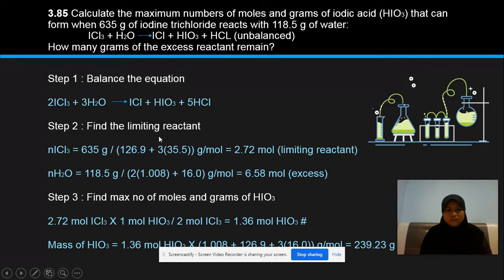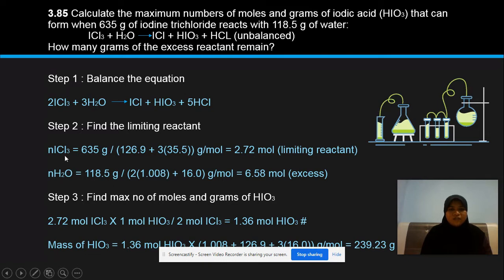How to find the limiting reactant? We must find the number of mole of each reactant from the equation. We know that the reactants are ICl3 and H2O. So we find the number of mole for both reactants.